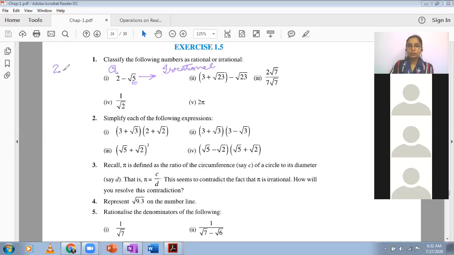If you want to subtract, 2 can be written as 2.000, and then you can use the value of root 5, which will be approximately 2.23, and so on. After the subtraction, the answer you get will be a decimal number which is non-terminating, non-repeating, which tells us that the value here is irrational.